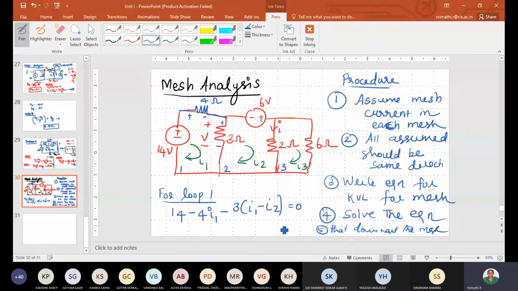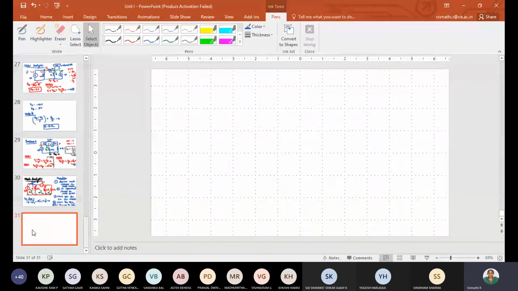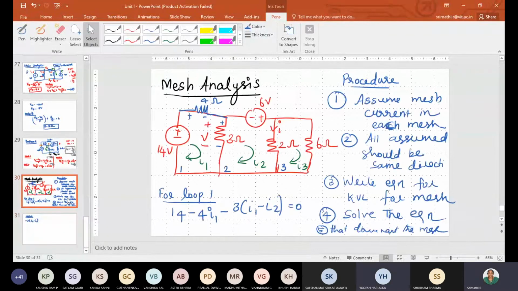Yes, ma'am. Okay, for mesh 2, you just tell me. Minus 3 times (I2 minus I1). Ma'am, can you show the picture? Please do it in your notebook.